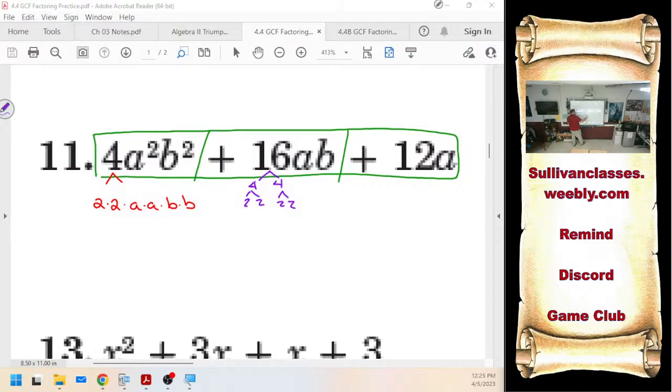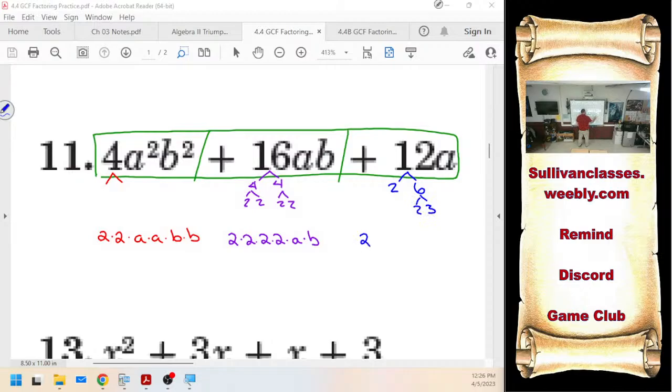So you got to write that as 2, 2, 2, 2, then the A and B. All right, we'll move this guy down here. And contestant 3. How do I break up 12? 2 and 6, 2 and 3. So there's a 2, a 2, a 3, and an A.